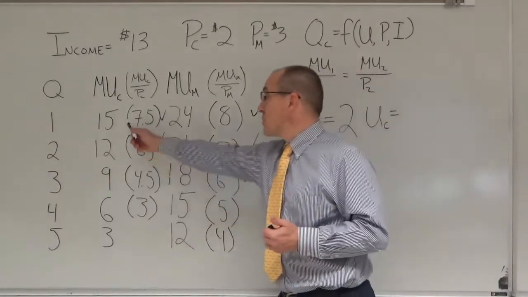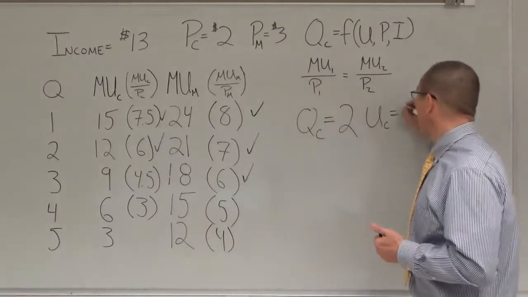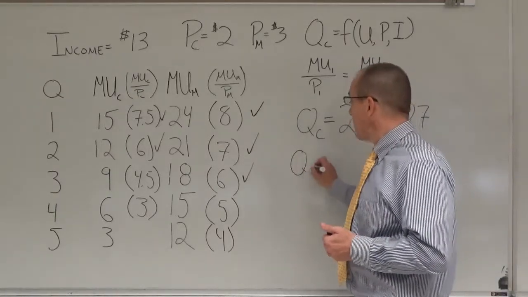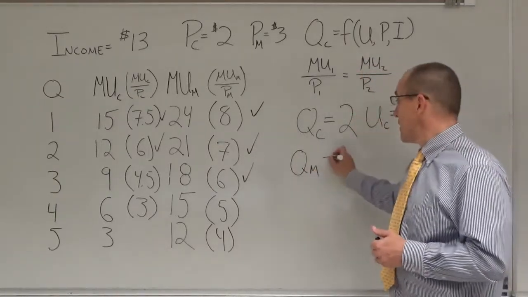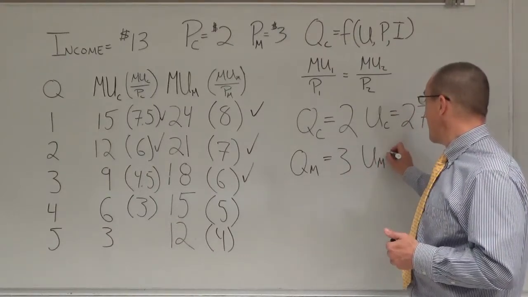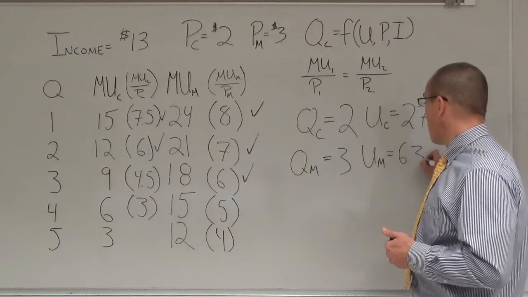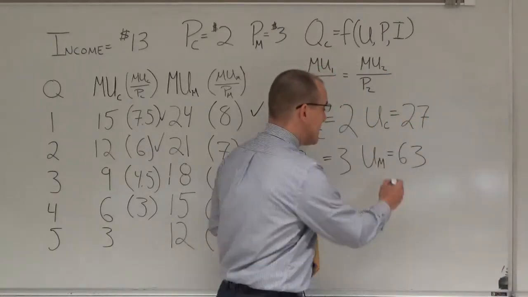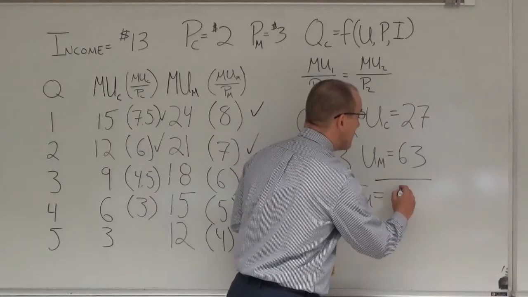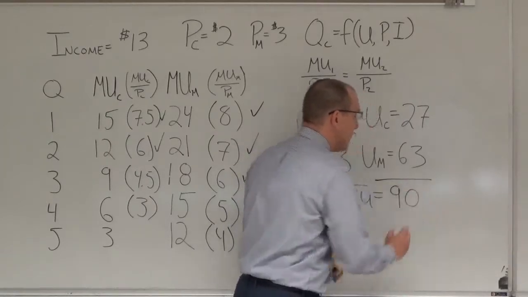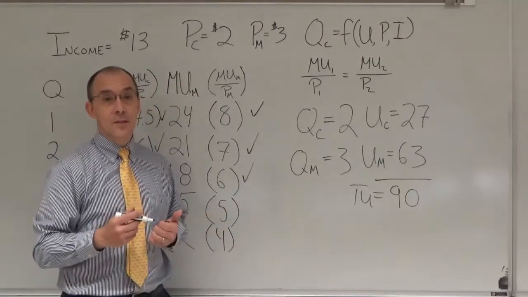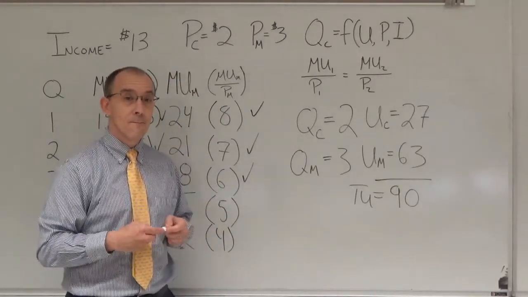It's just the 15 and 12, that's 27. We know his quantity of milk has stayed the same at 3, which means that his utility for milk has stayed the same at 63. However, we can see that his total utility has now gone down to 90. His utility has gone down, and again, that's to be expected because he's consuming fewer cookies.